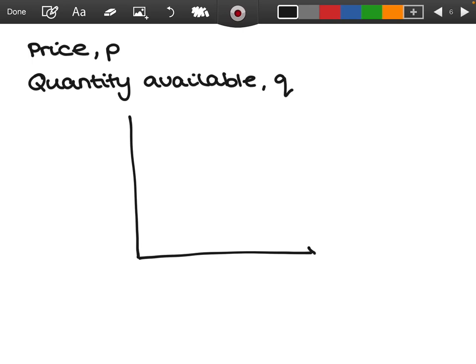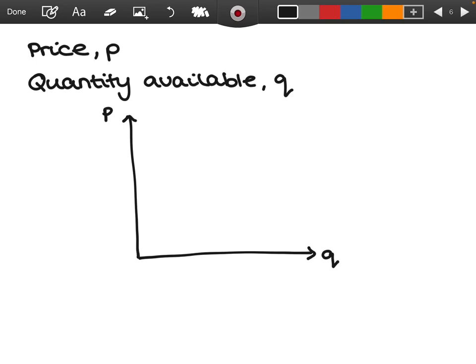So whenever you plot these, you should see that the quantity that is available is always going to be plotted on the x-axis, and the price is going to be on the y-axis. This kind of makes sense because y is normally a function of x, especially when you look at a slope-intercept form of the line. The y value depends on the x value. So the price will depend on the quantity of a particular thing that is available.